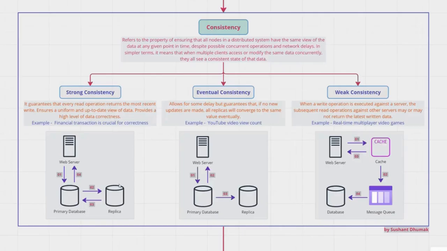But if something happened, like the slave database is gone when you're reading from it, you will not get an immediate response. There will be high latency, a delay in getting a response, but you will get the right information. You will get the latest information.